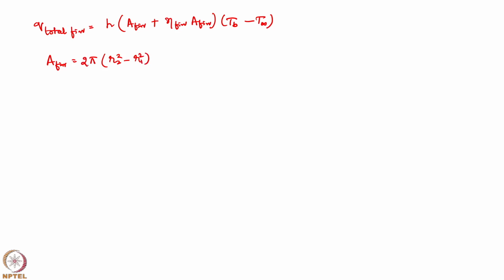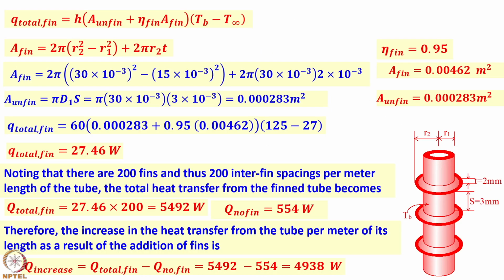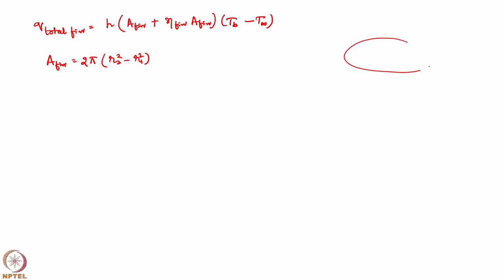So to make you understand, let us go to this figure. If you see here, the fin surface area is the top surface area, that is pi into (R2 squared minus R1 squared), top and bottom, that is why you have 2, and again you have 2 pi R2 T, that is 2 pi R2 is the circumference of the ring and T is the thickness.